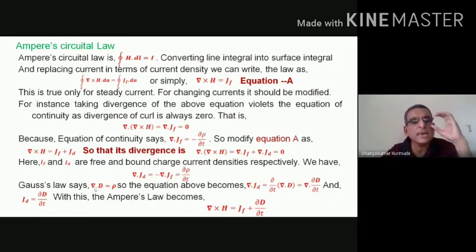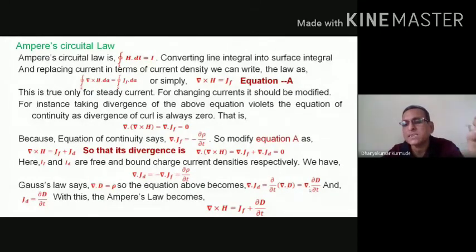Gauss law says, as we have seen earlier, divergence of D, where D is the electric flux density or electric displacement, is equal to rho. So replacing this rho by divergence of D, we can write divergence of JD is equal to dou by dou t of rho, which is del dot D.